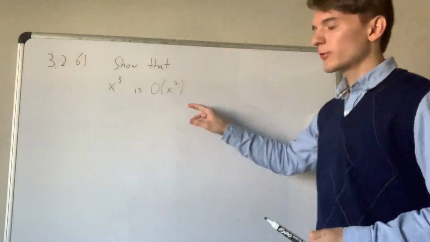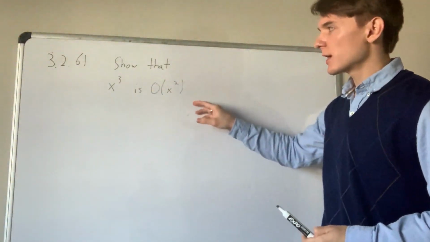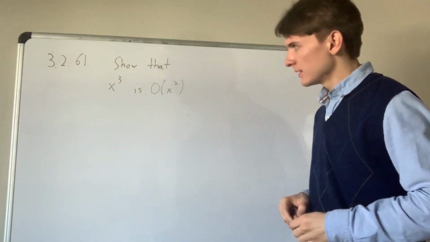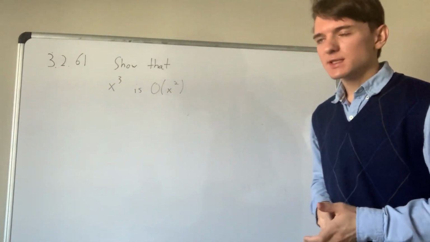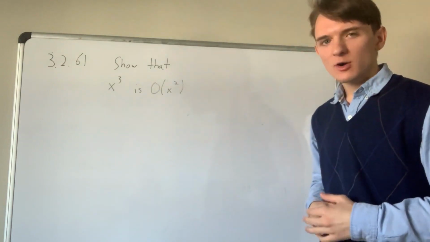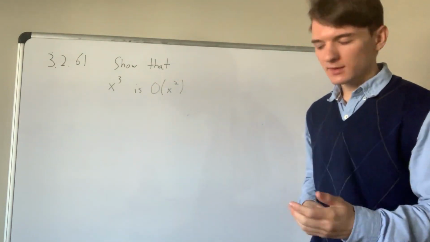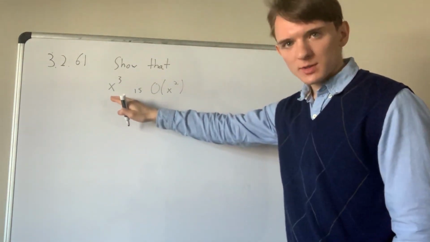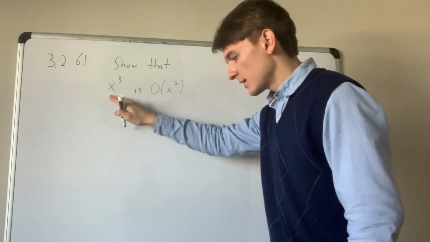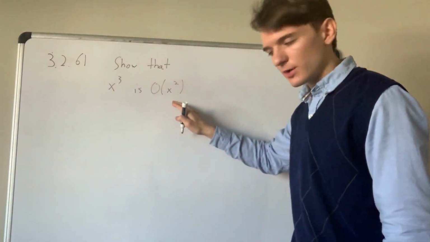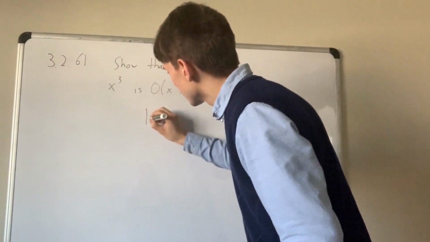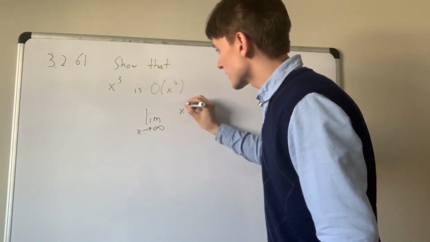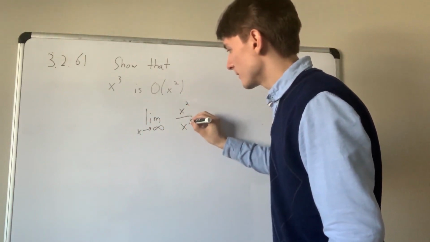All right, 3.2.61. Show that x squared is big O of x cubed. So how do we do that? Well, we need to set up a limit. Recall back to calculus. I know it's been a very long time. Let's set the function we're trying to show is big O as the numerator and the big O as the denominator. So we say the limit as x goes to infinity of x squared over x cubed.